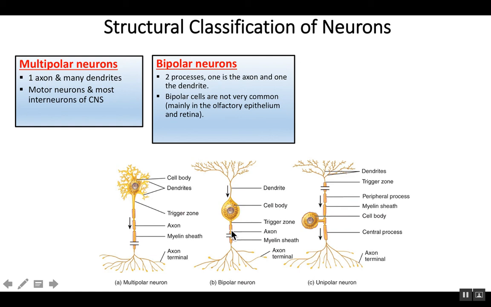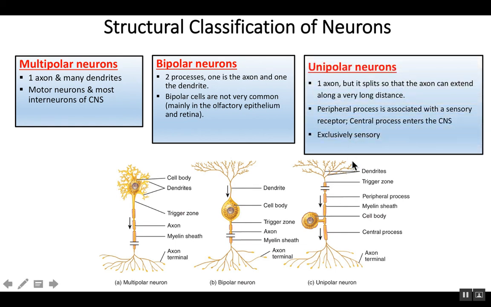Those are very common in your special senses, like your olfactory epithelium for smell and the retina of the eye. And then finally, there are unipolar neurons, which have one process sticking off the cell body, but it usually separates into one end housing the dendrites and the other end housing the axon terminals or the end bulbs.